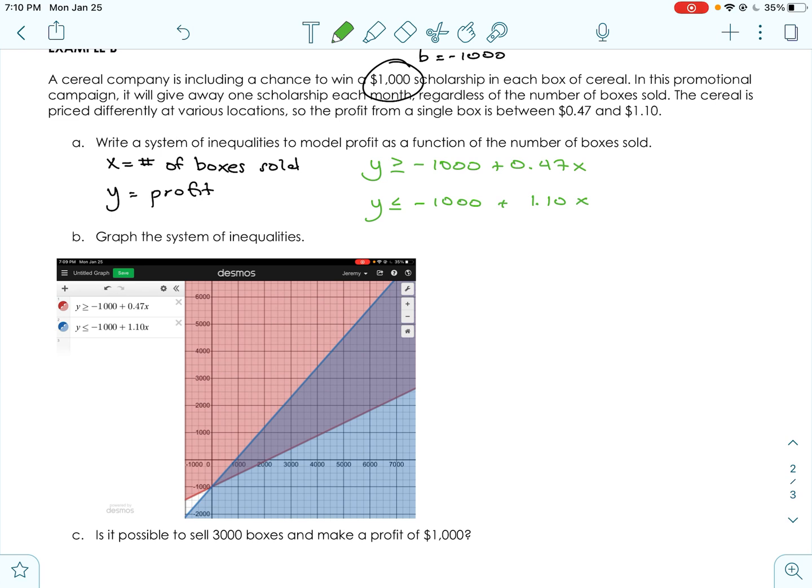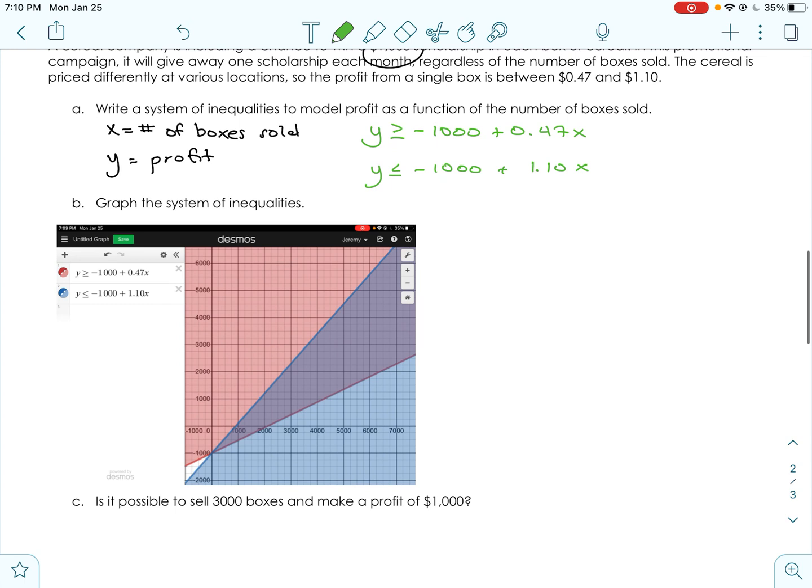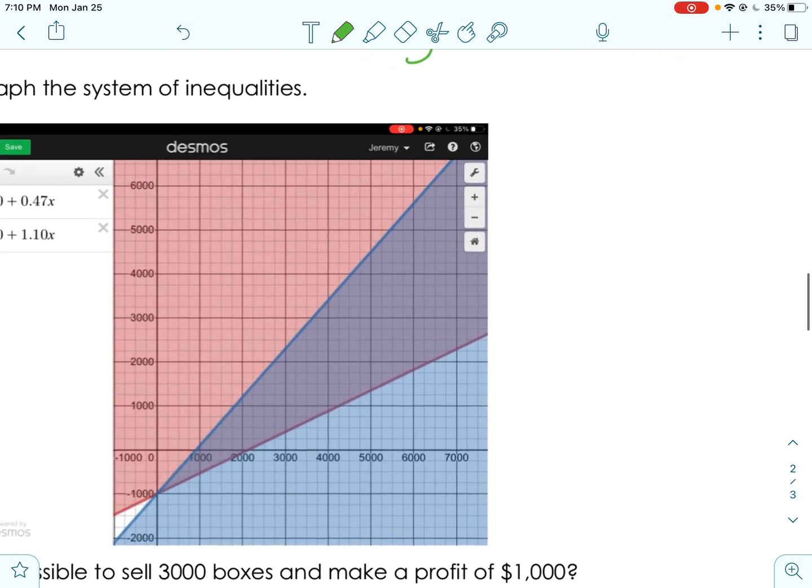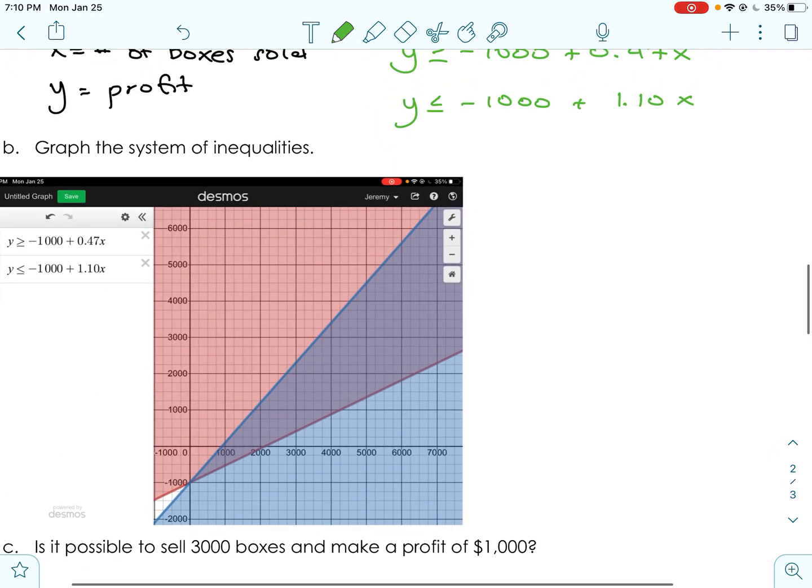What we can look at here is some possible combinations of boxes that the cereal company can sell and profit that they can make. Remember, all the points that fall in this region, where everything's shaded twice, are solutions.